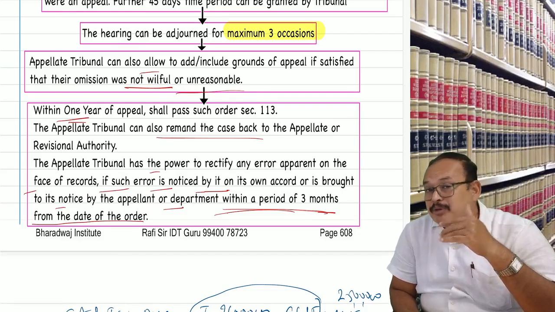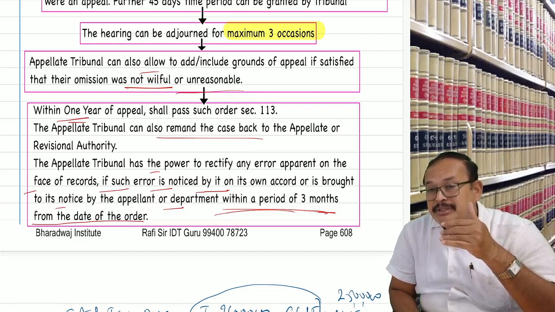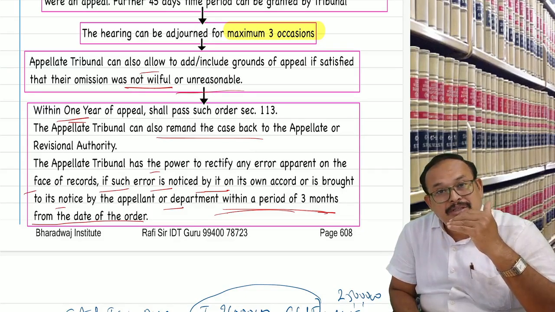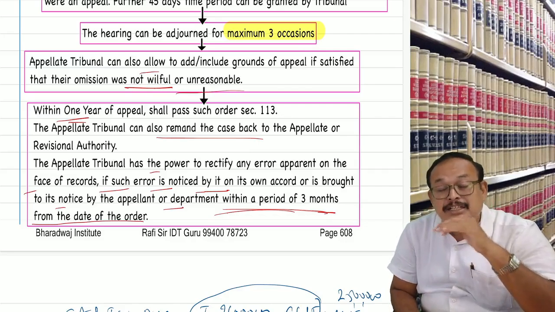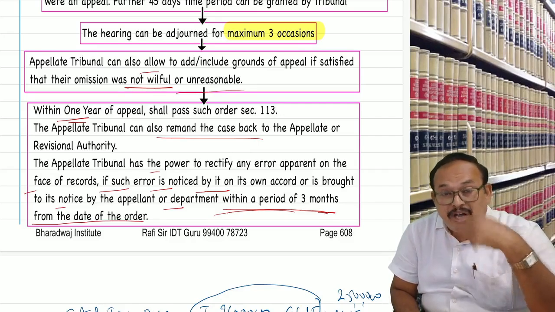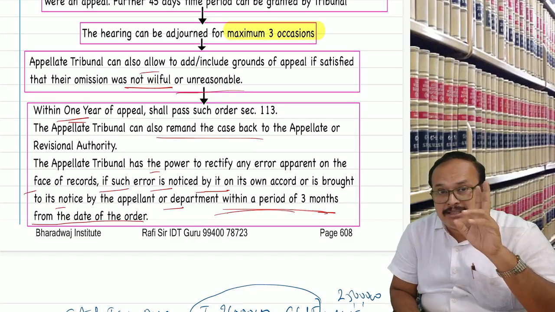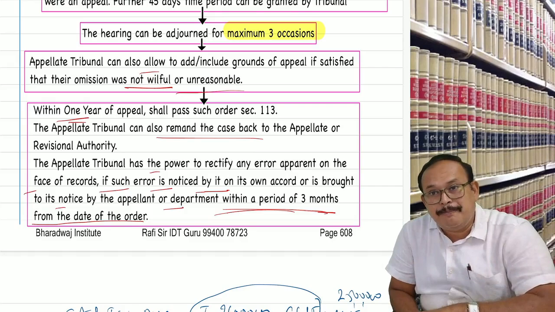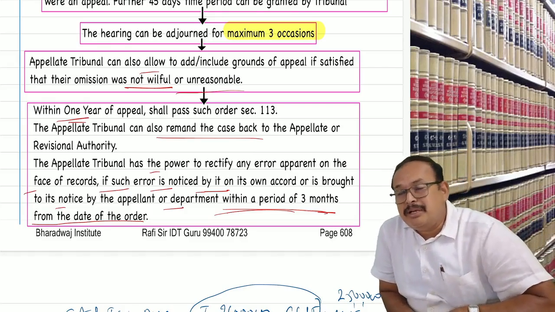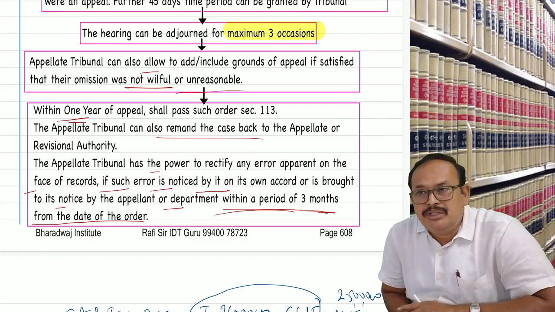If the department wants to go for appeal to the High Court, there is a money limit. The tax amount should exceed 1 crore. If it does not exceed 1 crore, the total tax is not fit for appeal, unless in some exceptional cases. For a taxpayer appeal, yes, they can go for appeal to the High Court.